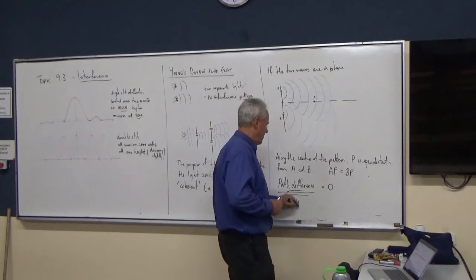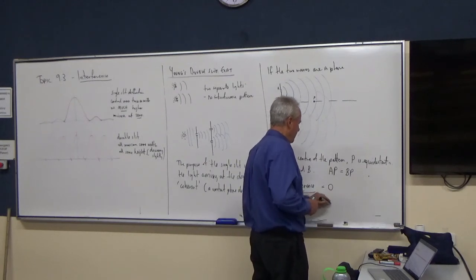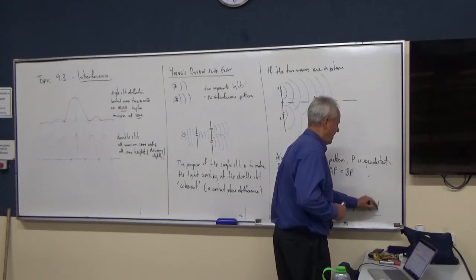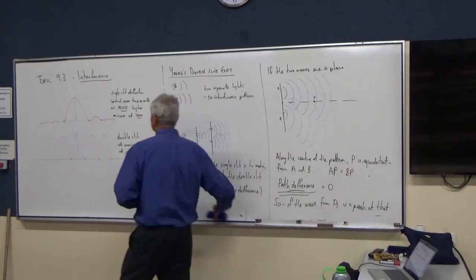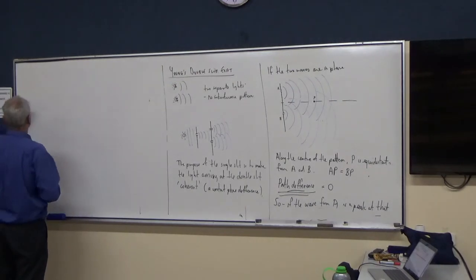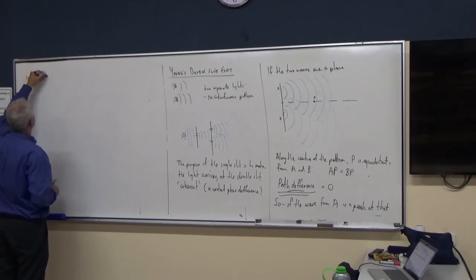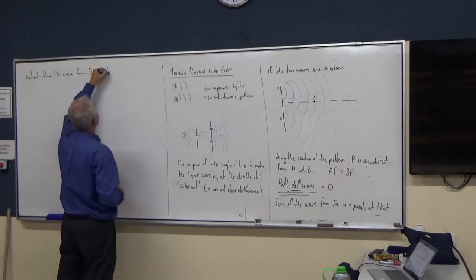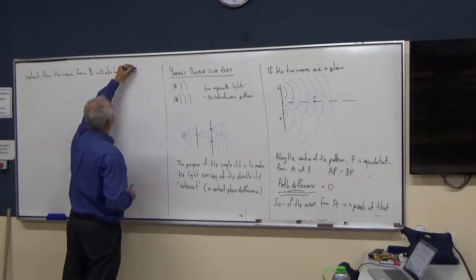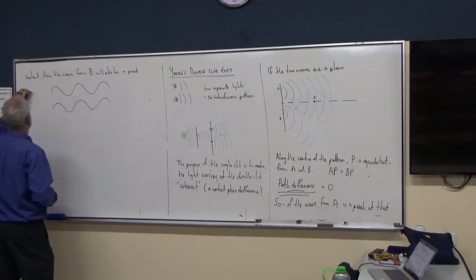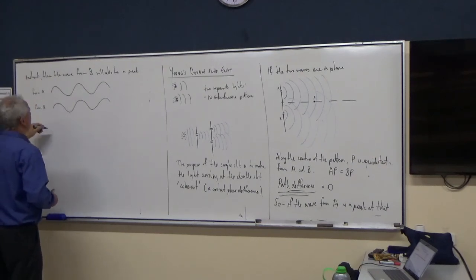So if the wave from A is a peak or a crest at that instant, at that time, so A and B are lined up.